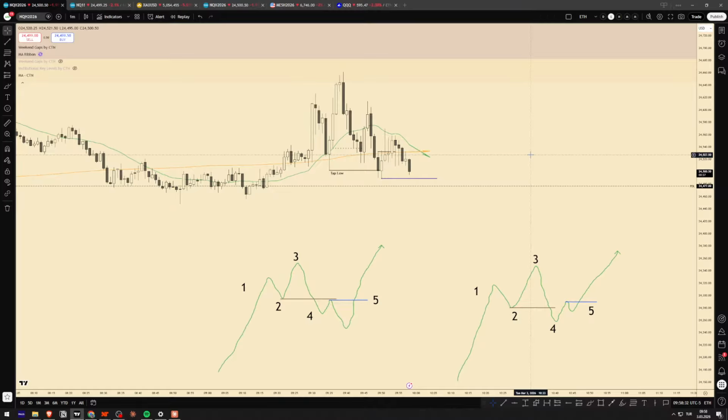Unexpected profits from acting undisciplined or from not caring about the probabilities, possibilities, right? Because that kind of stuff keeps us inside a loop.